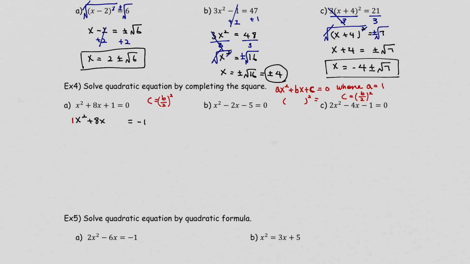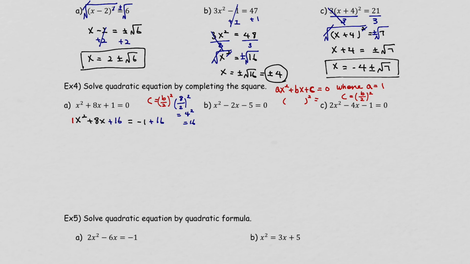And then your new c is going to be, on this problem, your b is 8. So it will be 8 over 2 squared, which will give you 4 squared, 16. So you're going to add 16 and add 16.